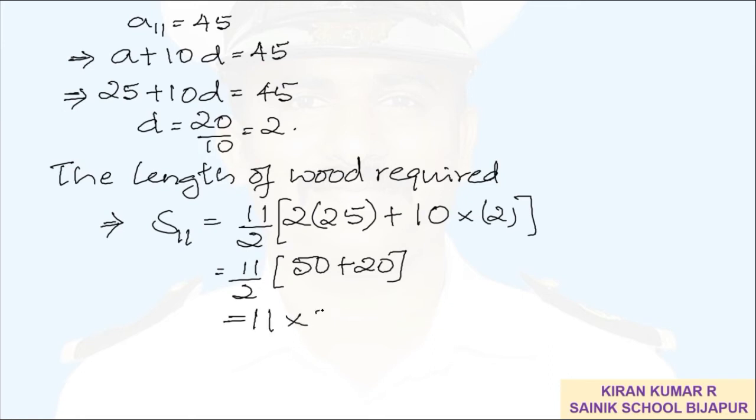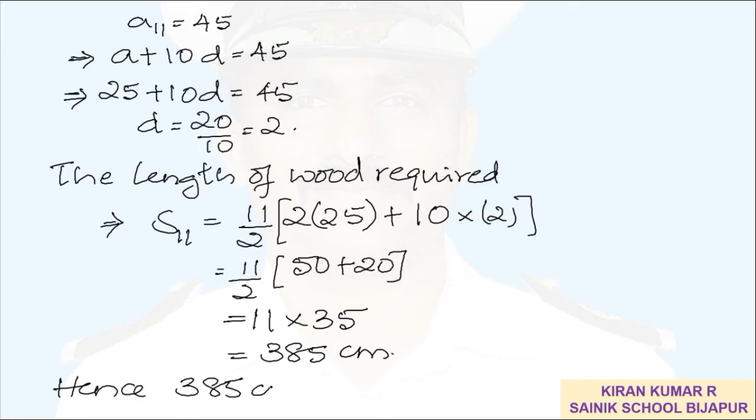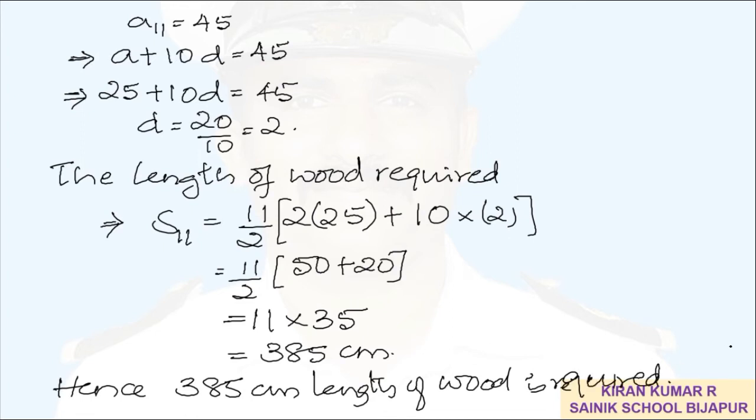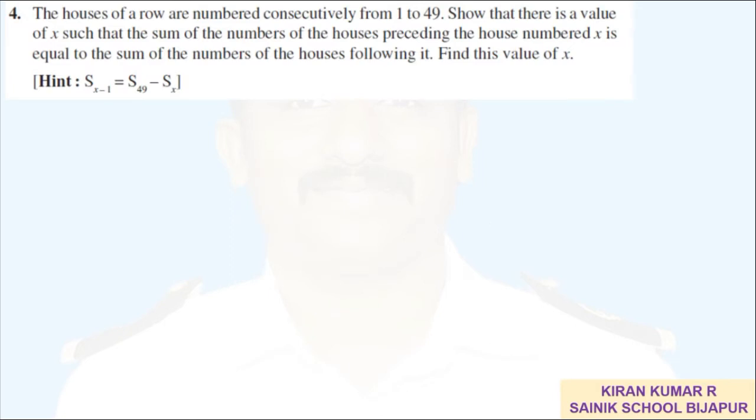Therefore it is 11 times of 35, nothing but 385 centimeter. Hence 385 centimeter length of wood is required to make the rungs.